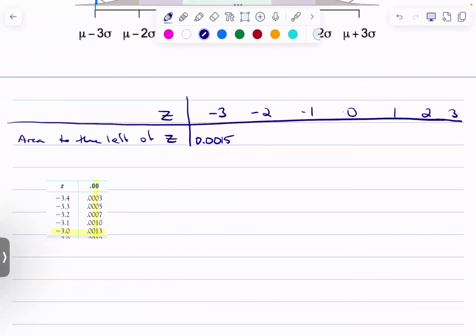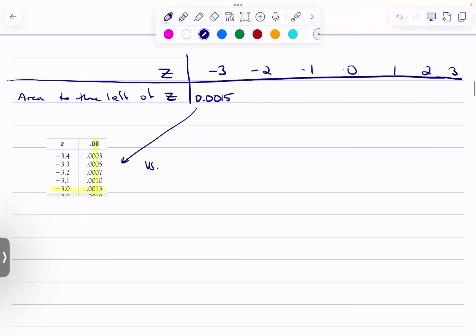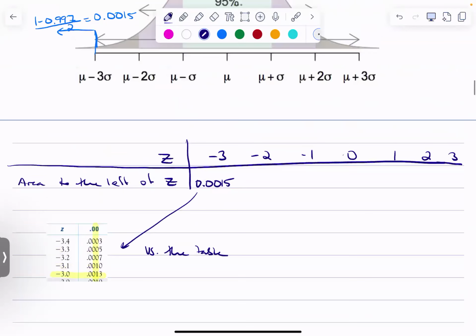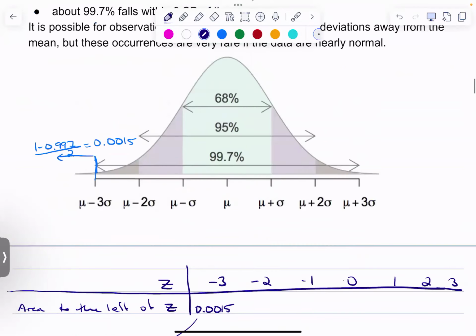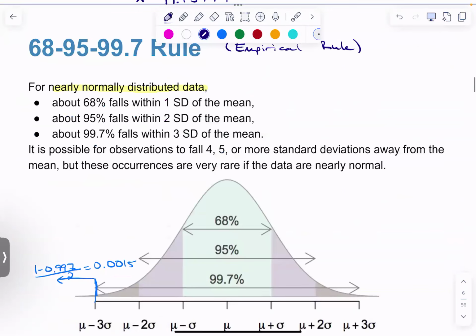So here versus the table, the difference is that the 68, 95, 99.7 rule is just an approximation, right, about these things. Good enough, though.